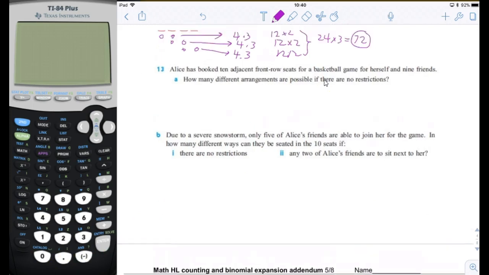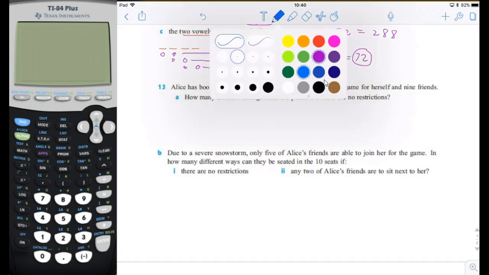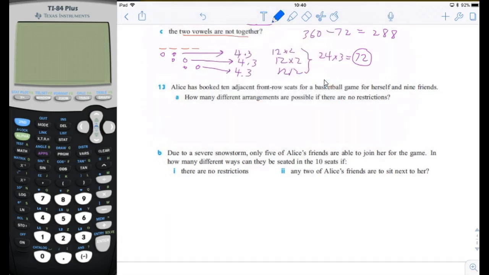Number 13. Alice has booked 10 adjacent front row seats for a basketball game for herself and 9 friends. How many different arrangements are there, assuming that there's no restrictions? So this would be a typical problem. 10 slots, choosing from 10 different ways to fill them. 10 times 9 times 8 times 7, etc. So it's 10 factorial.